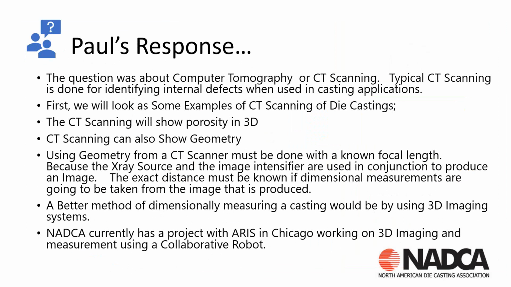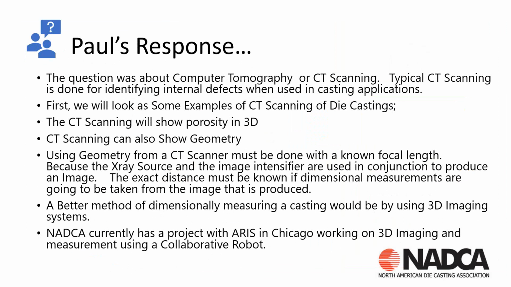But when you're measuring geometry using a CT scanner, you have to know the focal length of the device. So you've got to know the distance between the X-ray source and the image intensifier to actually know that the image you're getting has some dimensional accuracy. If you don't know that information, or the part can be placed in various locations inside the CT scanning cabinet and it's not placed precisely, then using that for dimensional accuracy is very difficult.